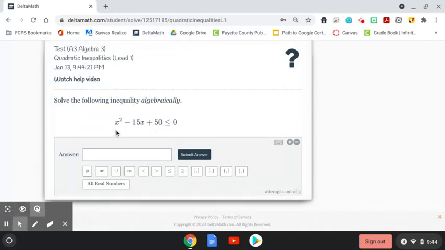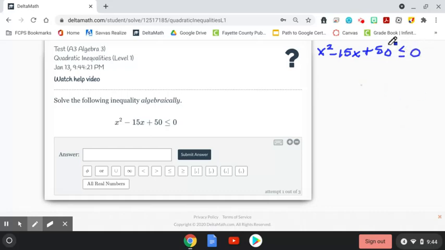My first one is x squared minus 15x plus 50 is less than or equal to 0. I'm going to start by factoring. I'll copy down the problem, x squared minus 15x plus 50 is less than or equal to 0. Then I'm going to factor: parentheses, bring down the less than or equal to 0, and x.